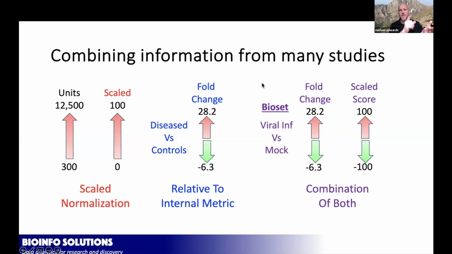You can have control versus 1 hour, 1 day, or 3 days post-infection, so you've got a lot of comparisons in one study. We take the fold change and then scale it, so all that fold change information is in the same range. The highest value we can have in our scaled values is 100, and the lowest is negative 100. Again, this is relative to a mock-infected animal or healthy individual.